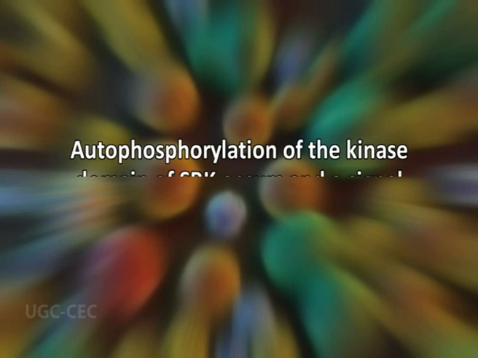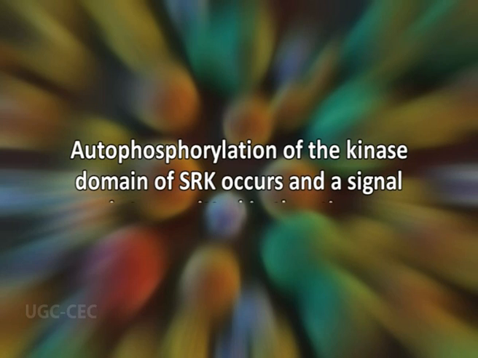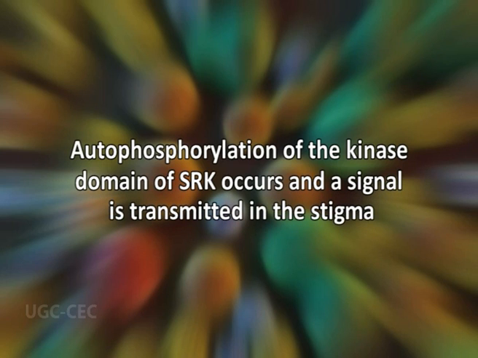When SRK interacts with SCR proteins, autophosphorylation of the kinase domain of SRK occurs and a signal is transmitted in the stigma. The S1, S2 pollen produces both SCR1 and SCR2 for incorporation in both S1 and S2 pollen grains.